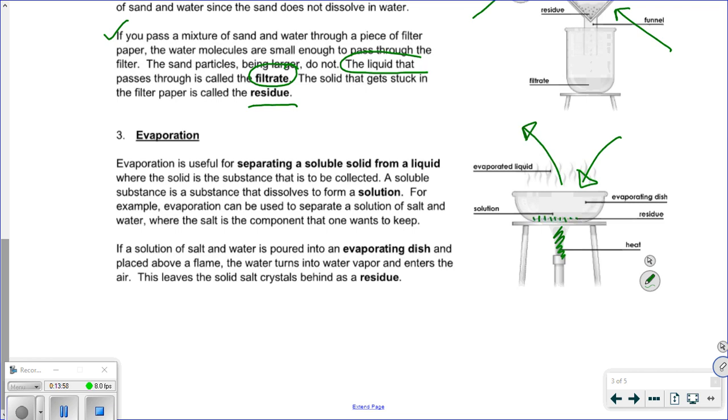You'd have all these little salt particles left in the bottom of the little bowl. So evaporation is for separating a soluble solid from a liquid. NaCl is soluble, sugar is soluble, but if I remove the water, then they go back and they're just solid salt or solid sugar.